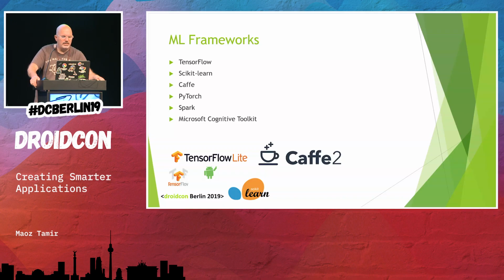I personally really like TensorFlow because, first of all, of the capability to scale. It's a Google product, so it's very connected to Android, and it's very easy to implement, in my opinion.